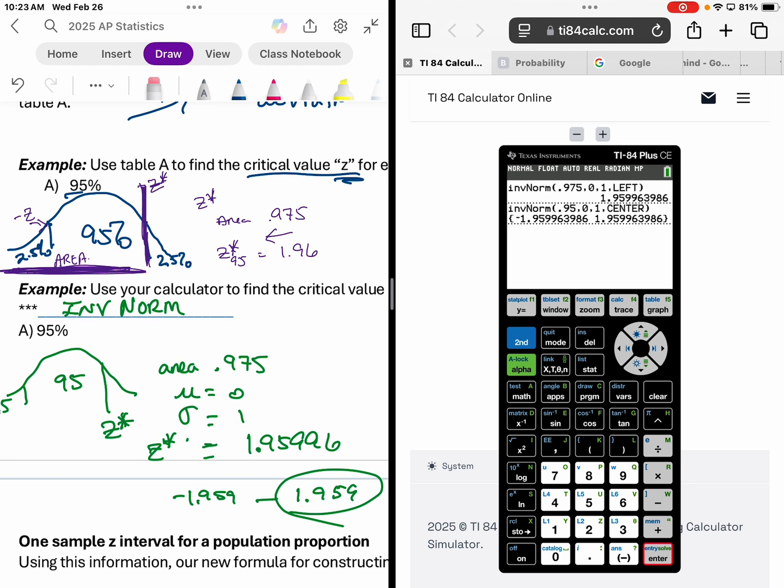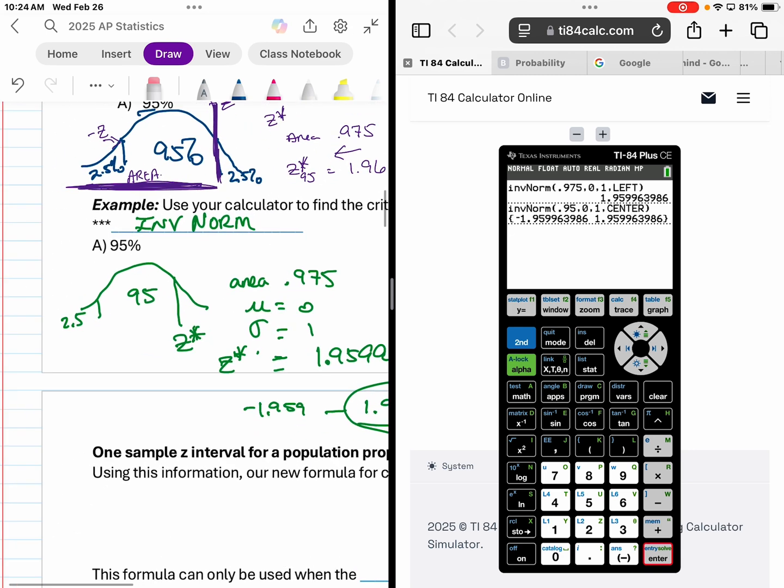Now, the other way you can go about doing this, if you want, is we know these two Z stars are the same number, just opposite signs. So once you start this process and you get your area to the left, you can do an inverse norm with the area 0.025, mean 0 and standard deviation 1, and that would give us the same answer.